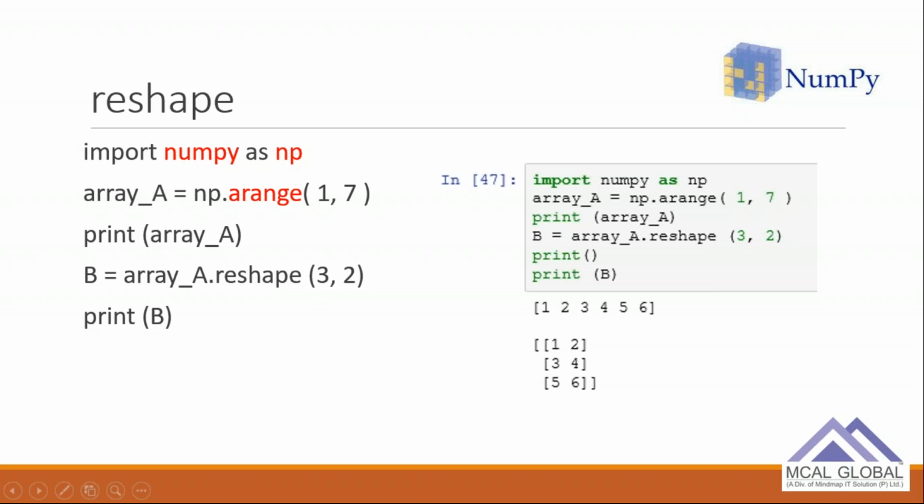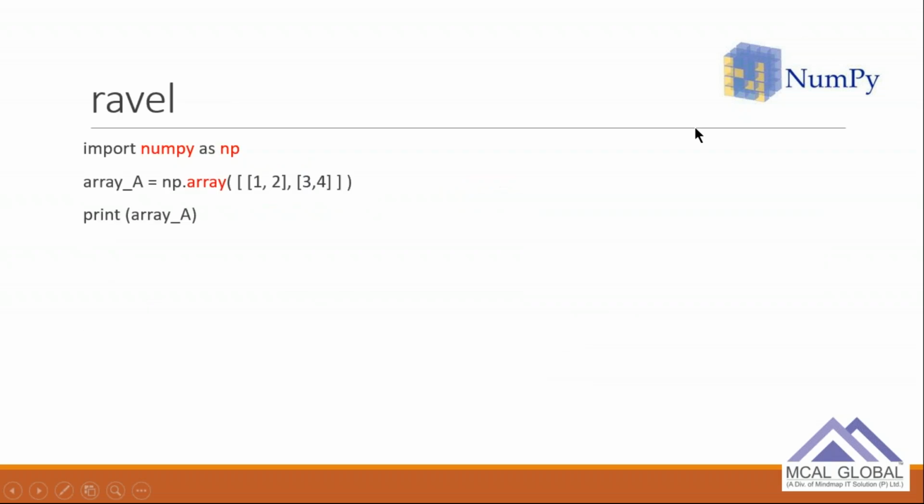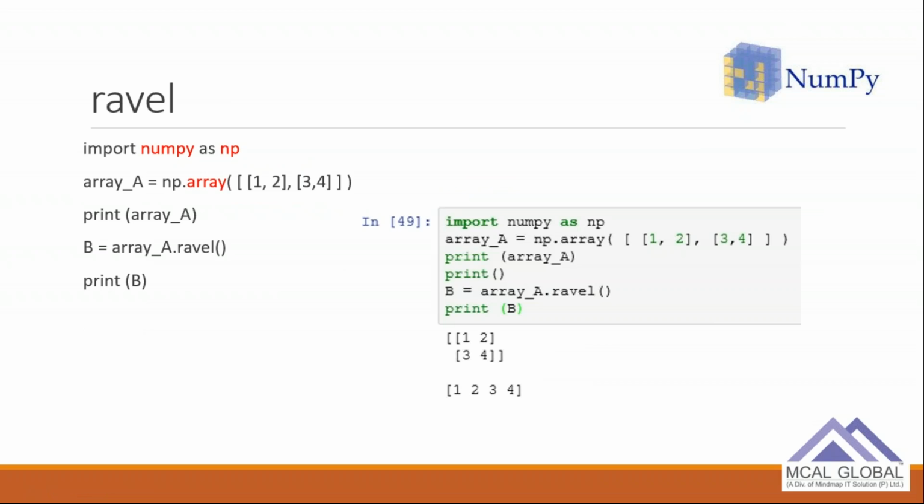Okay, so we'll continue. Now, ravel is just the opposite of reshape. You have shaped your array to some particular dimension, and now you just need to flatten it. If you ravel it, it will just give you a single linear array. I hope you have understood how the filling works.